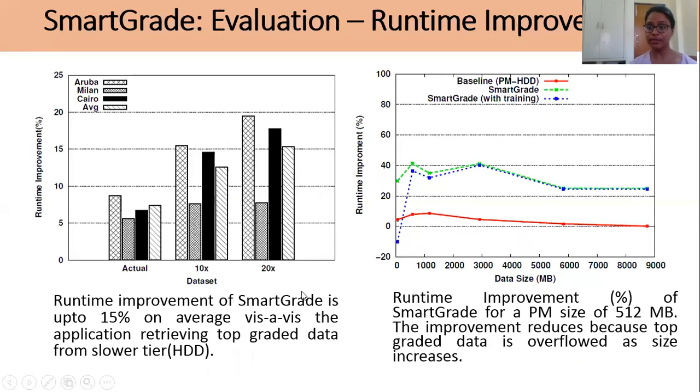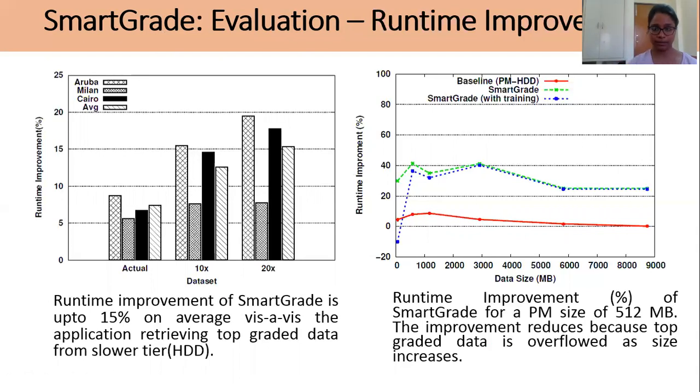Then we scaled the data with Smooth, and we see that even with 10x and 20x scaling, we have even higher runtime improvement, because at that point you identify even more redundant data and the application is getting very small data. So the runtime improvement is very high.